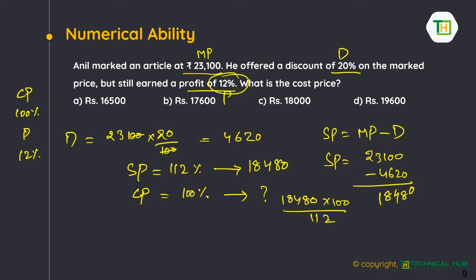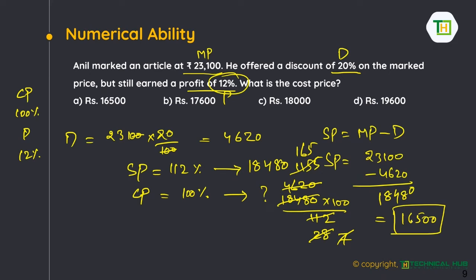Here you can cancel with the 4 table, and again with the 7 table. 165 into 100, which is equal to 16,500. That is the cost price.